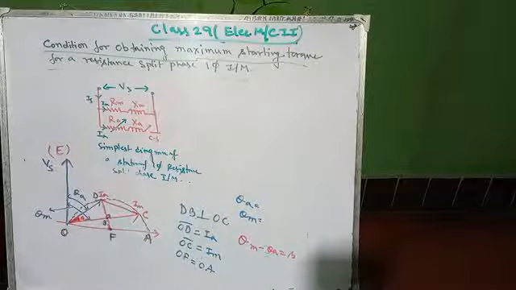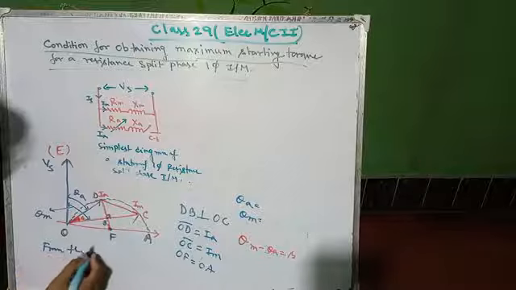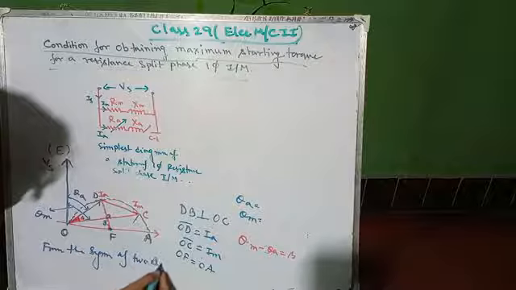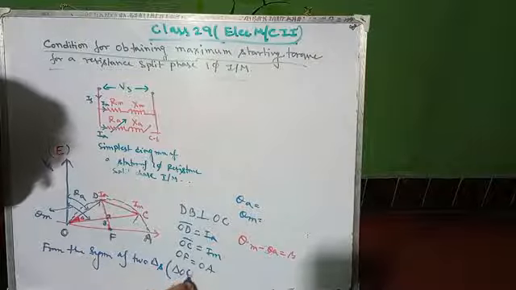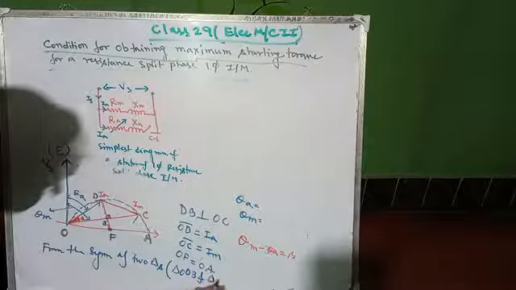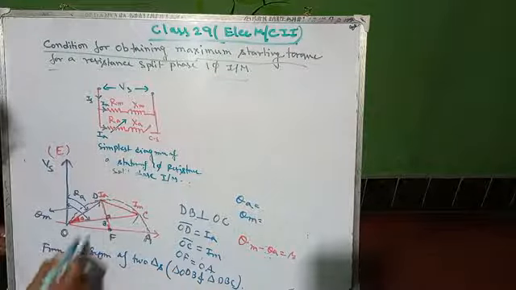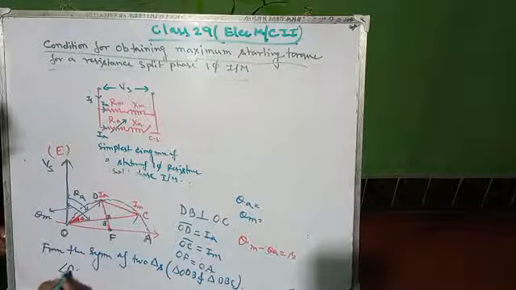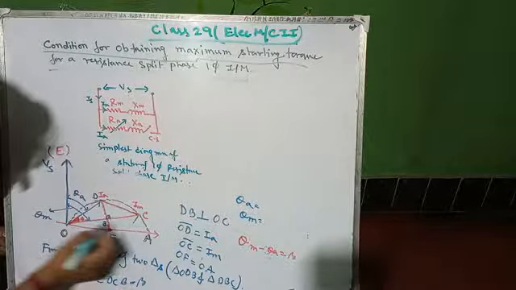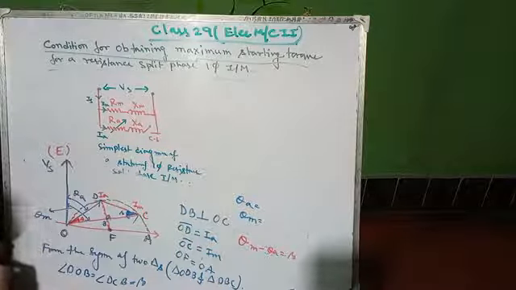Now you can see from the symmetry of two triangles, triangle ODB and triangle DBC, angle DOB equals angle DCB equals beta. That is, this angle equals this angle, and these two angles are equal; that will be beta.